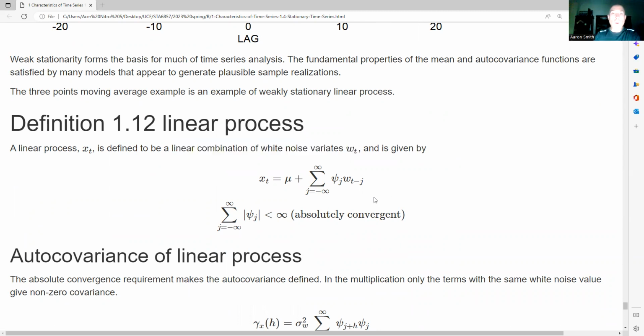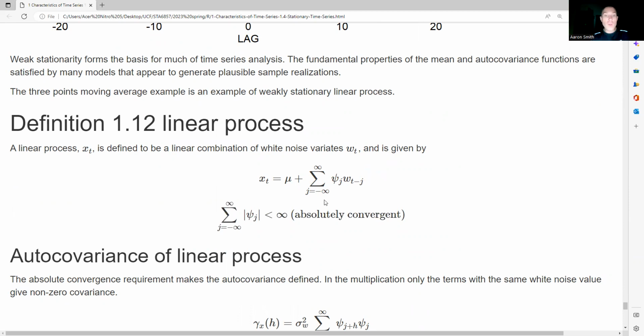Now, when I have my linear process, we're going to say that my time series is equal to a constant value plus the white noise times a coefficient. You'll notice that j and t sub j are in the subscripts.